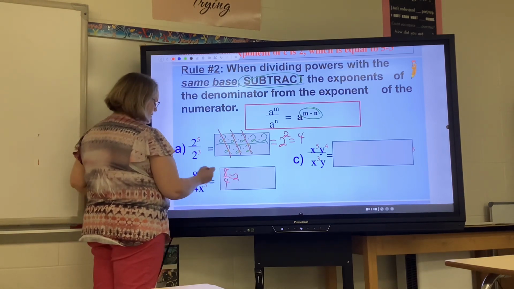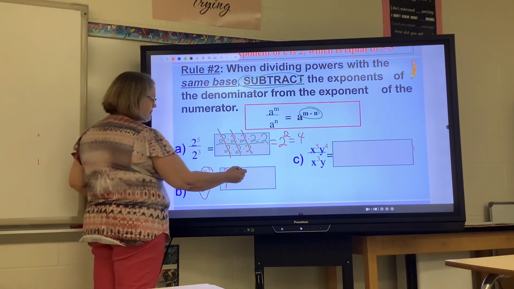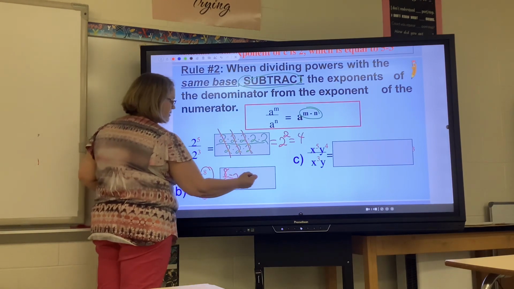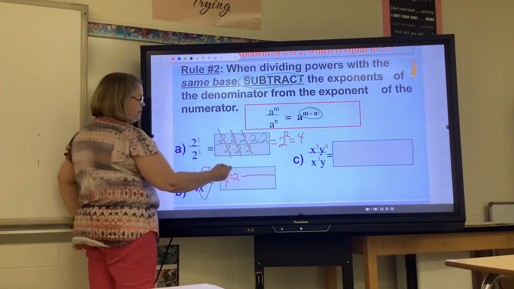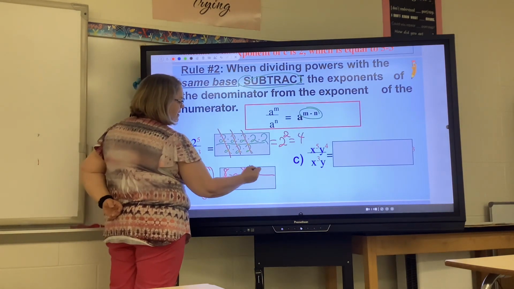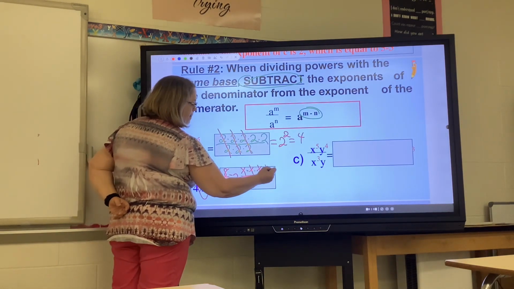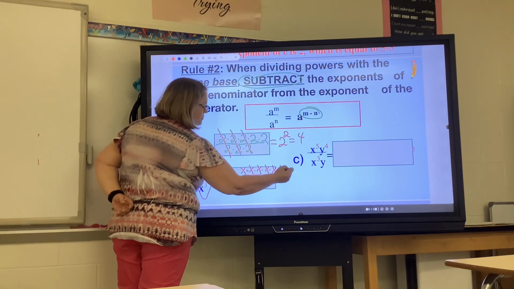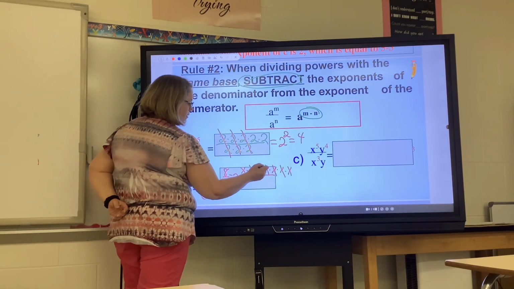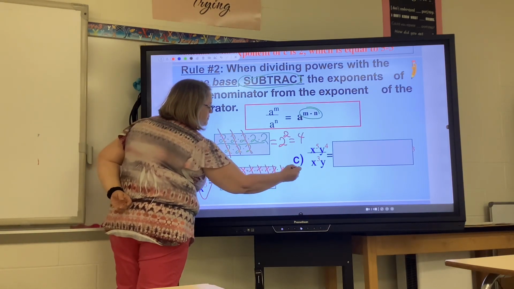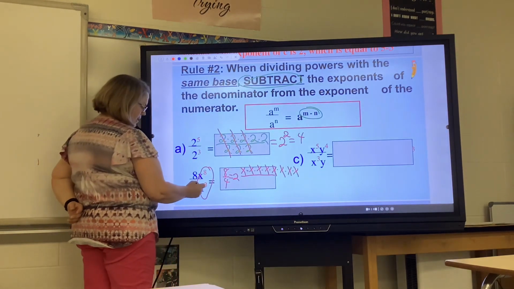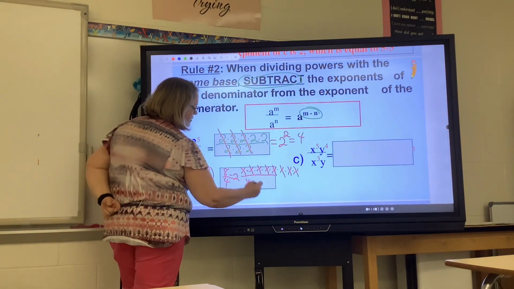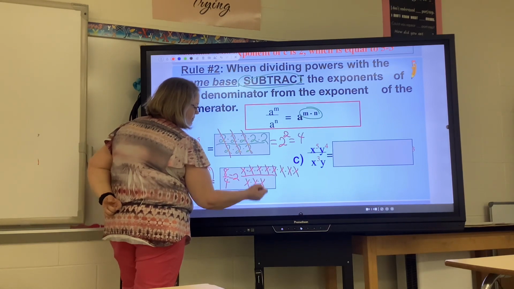We know that. And then we're going to come over here and do these. So I've got x to the 8th power. I'm going to write x 8 times and multiply. And then x to the 3rd power. I'm going to write x 3 times and multiply them.